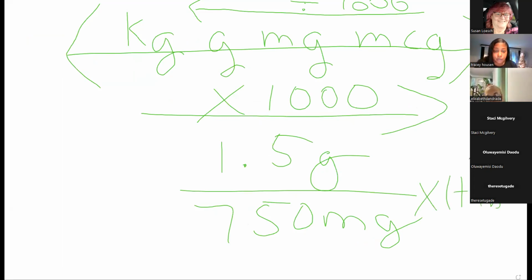Some of you might like to move the decimal, and that's okay. Going from grams to milligrams is going to the right, so I move the decimal 3 places. That gives me 1,500 milligrams. If you take 1.5 and multiply it by 1,000, does it give you 1,500? Yes. So what works for you? What clicks in your brain so that when you get on the test, you don't get all freaked out?